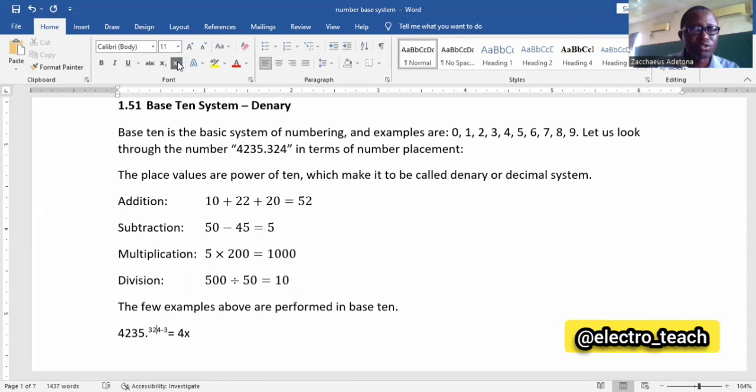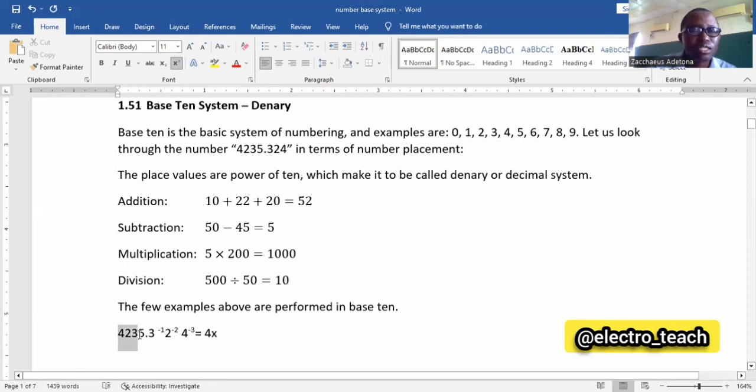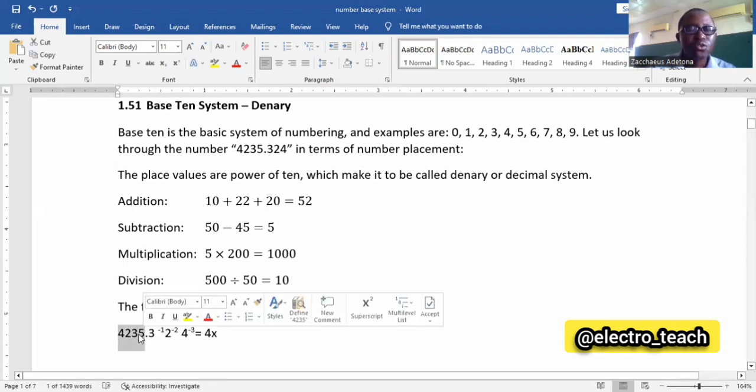For the whole number part, the powers run 0, 1, 2, 3.